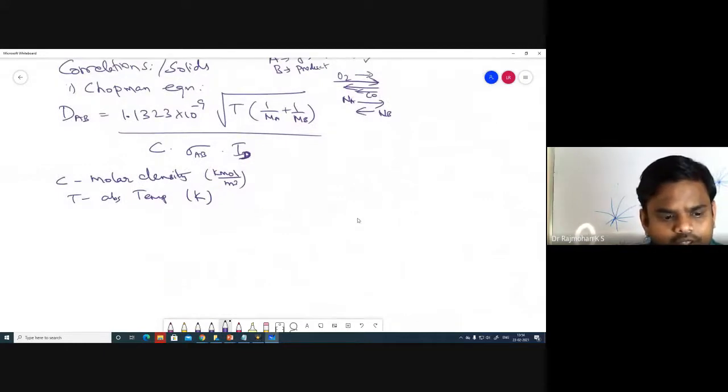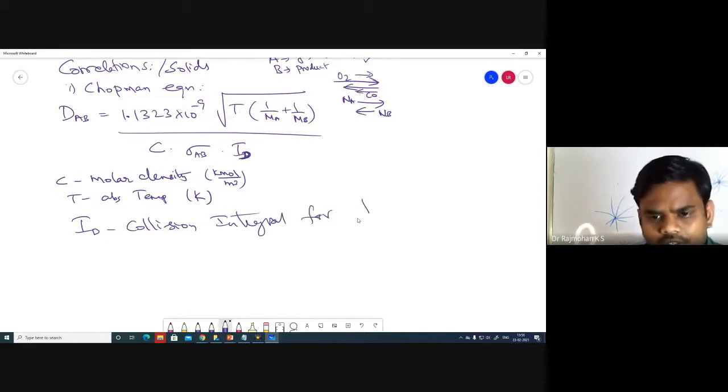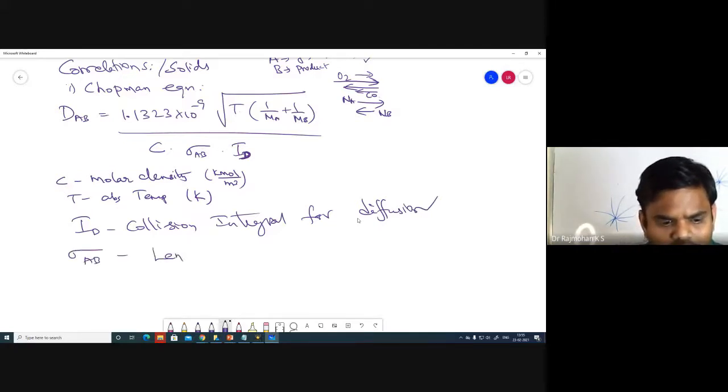Okay, so then we have ID, which is the collision integral for diffusion, which is dimensionless. And sigma AB is the Leonard Jones parameter; these are the persons who introduced that.